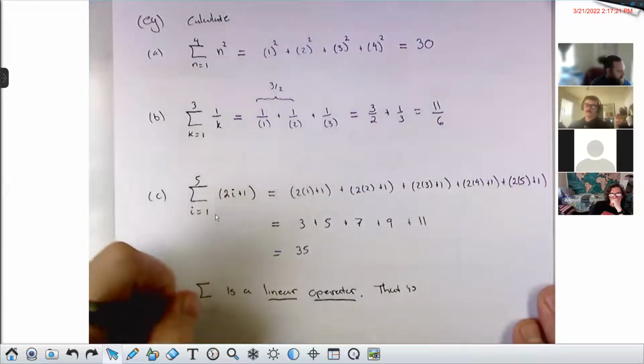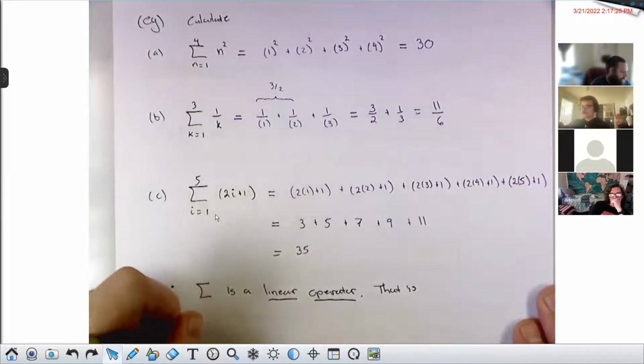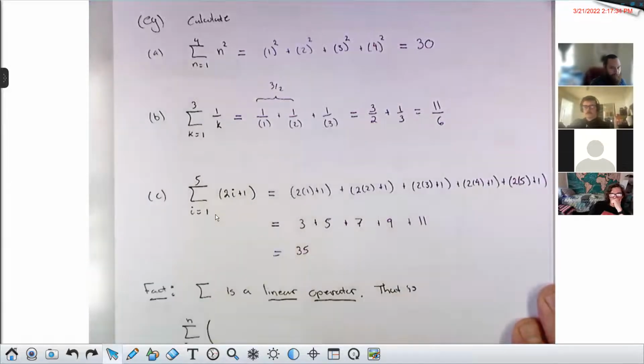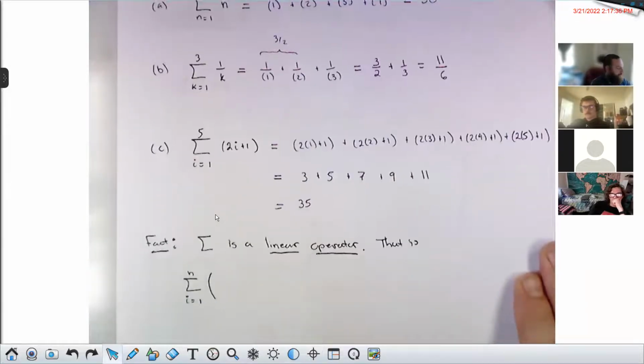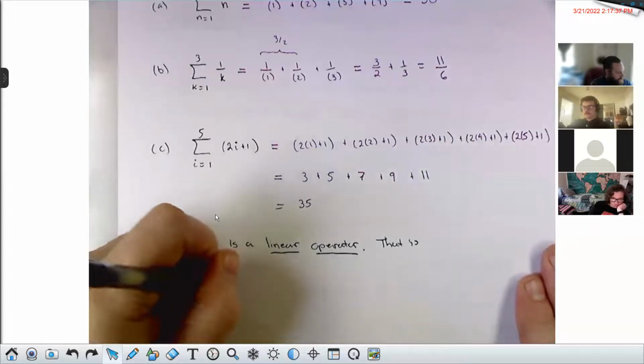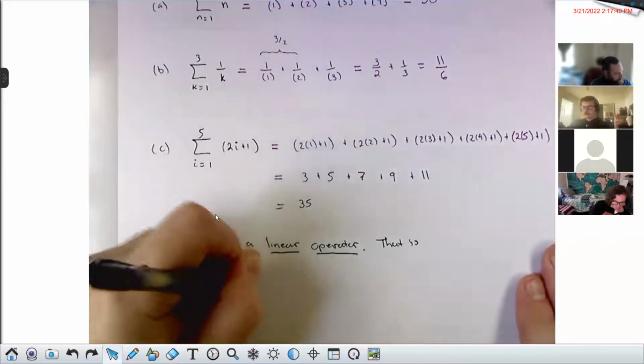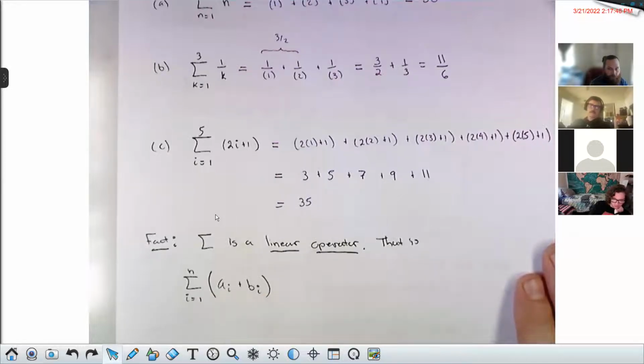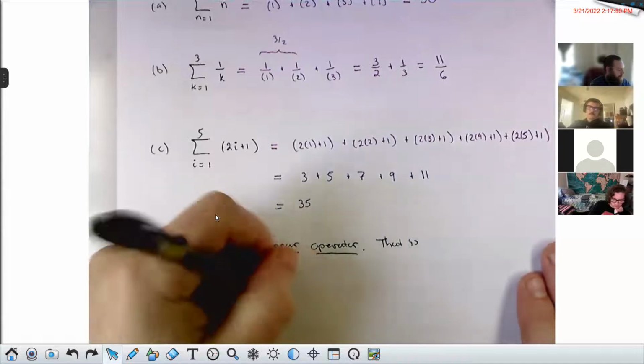So what I mean by that is if you have sigma, say, i from 1 to n of two things in here, say a sub i plus b sub i, which would be like a1 plus b1 plus a2 plus b2 plus a3 plus b3.